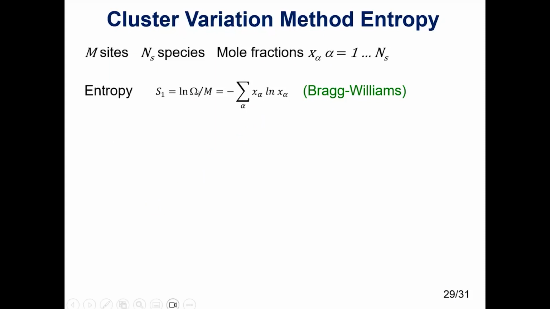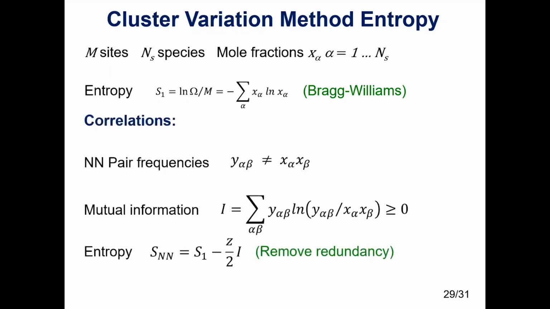So for instance, if we knew how many ways there were to arrange atoms among the M sites of a crystal lattice, given that we have mole fractions X alpha, that entropy, which I call the independent point entropy, is just minus the sum over species of X alpha log X alpha. That's also known as the Bragg-Williams entropy.